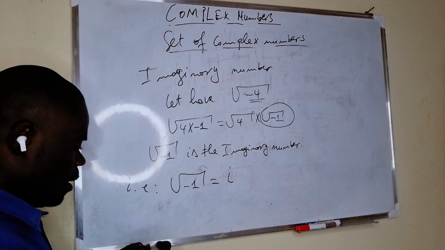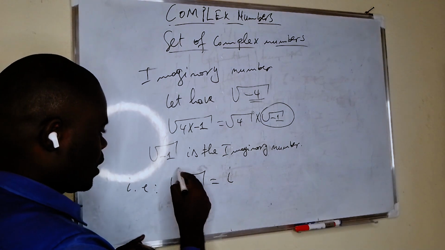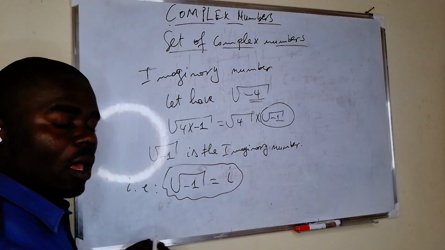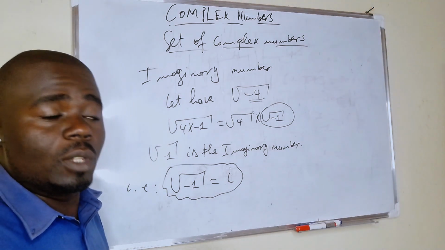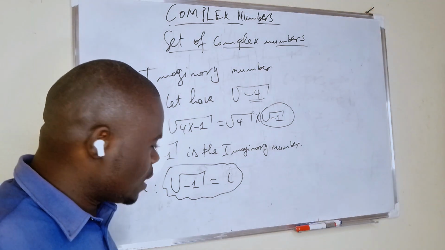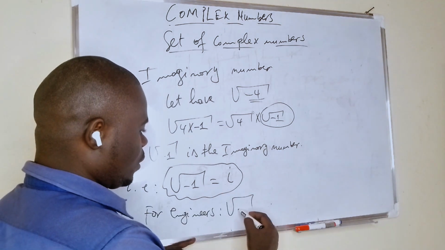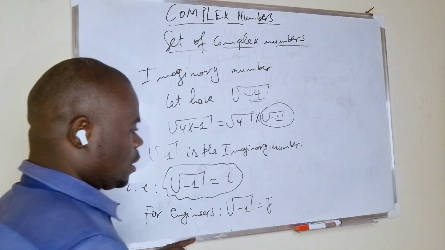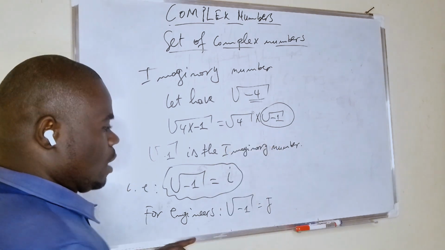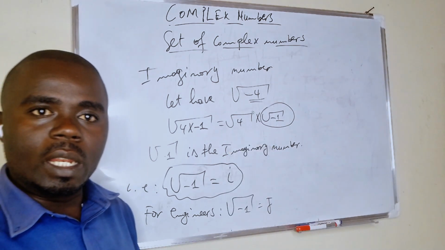For engineers, instead of saying i, they use j. The square root of negative 1 is equal to j. They use j as the imaginary number.